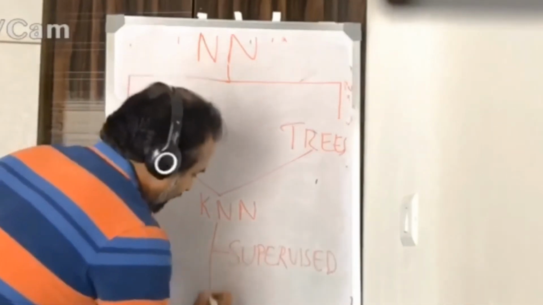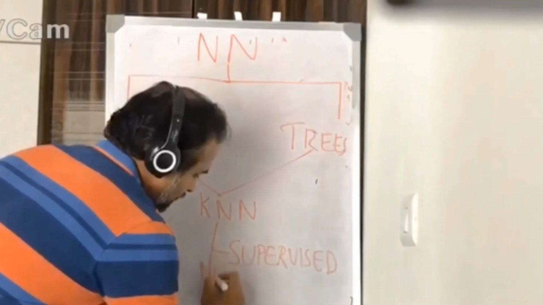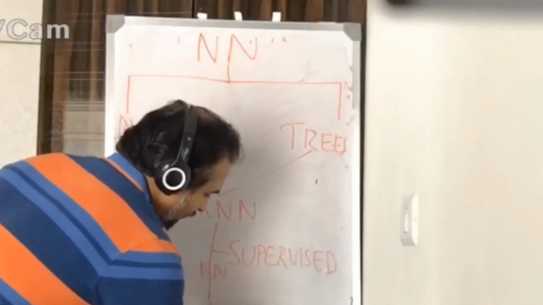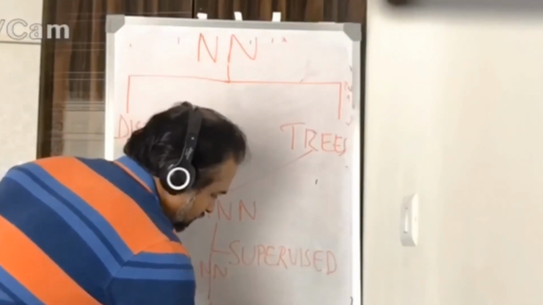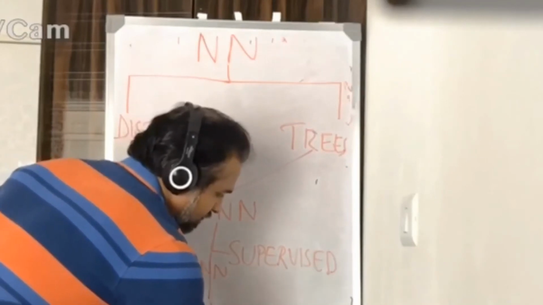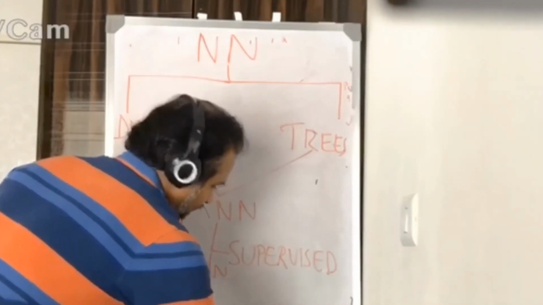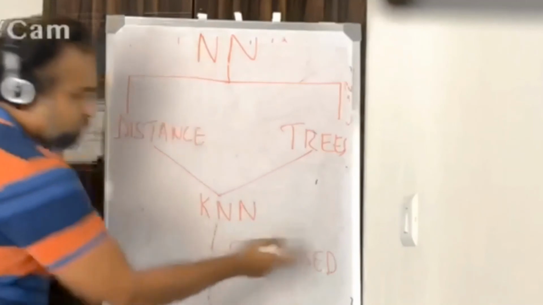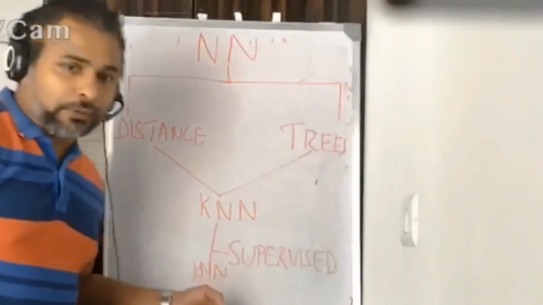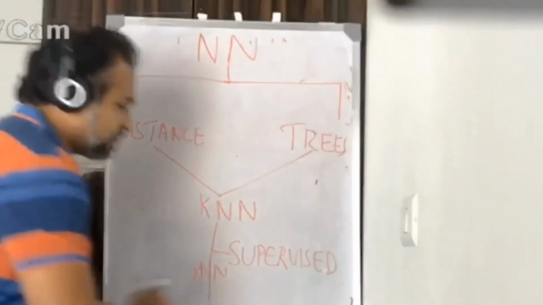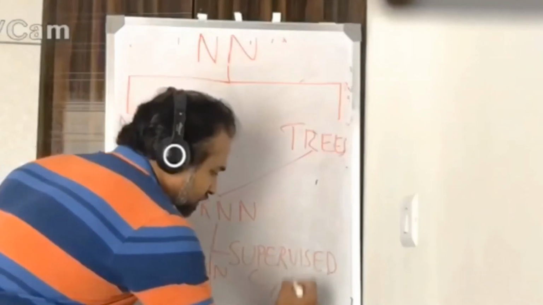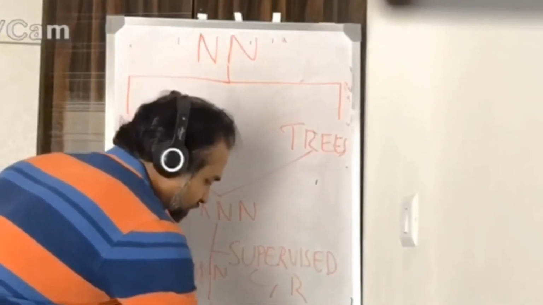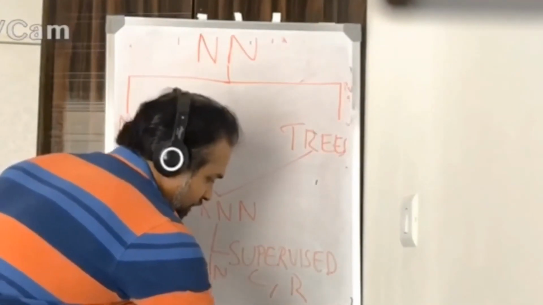and for NN, nearest neighbor, you have the unsupervised analytics, right? So you can either do a supervised analytics or an unsupervised analytics. In supervised analytics, you have classification and regression, and in unsupervised, you have something called as KNN clustering, right?